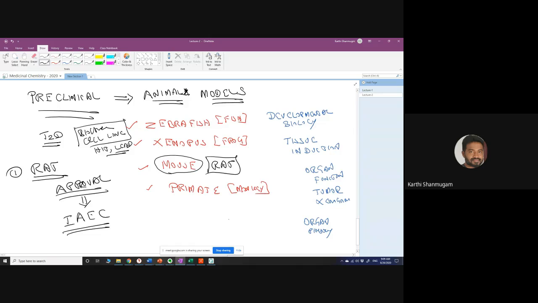So you have to submit a proposal to the institutional animal ethical committee stating which animal you are going to use, what for you are going to use it, how you will be using that animal for your studies, and how many animals you will be using for your experiment. Those informations should be submitted to the committee. They will review your proposal. Once they are convinced, then they can approve the animal studies.